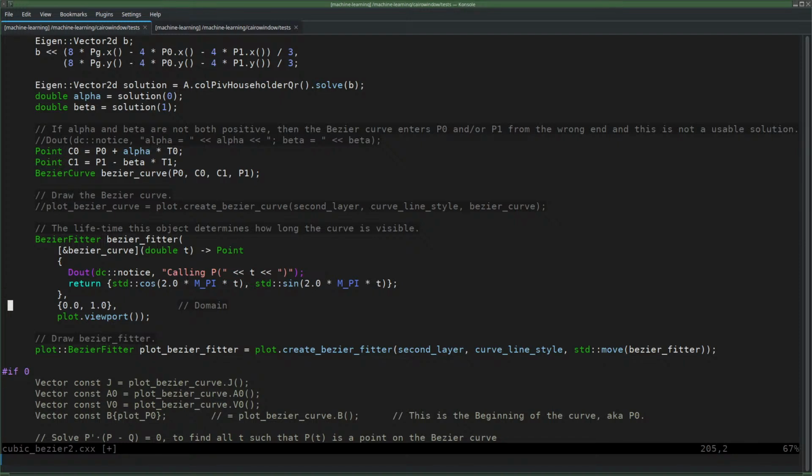But let's just draw half a circle. Let's go from a quarter till 7.5.